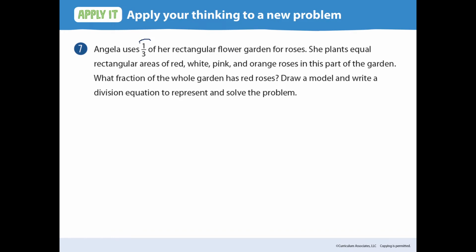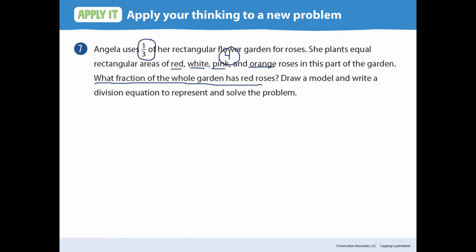Information we need to use, there's 1/3 of her rectangular flower garden is roses. She plants equal areas of red, white, pink, and orange roses. So that is 4 kinds of roses. What fraction of the whole garden has red roses?